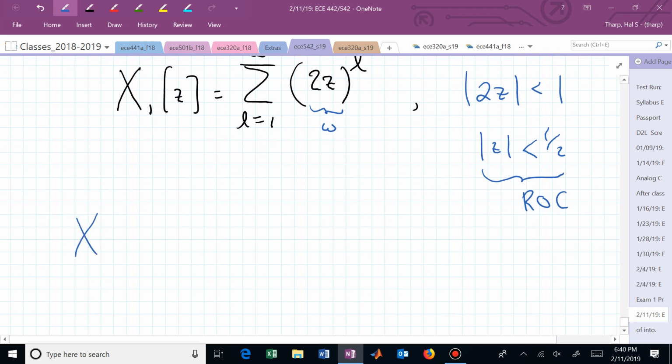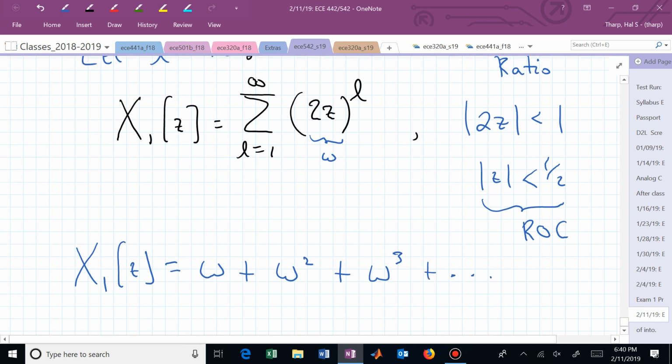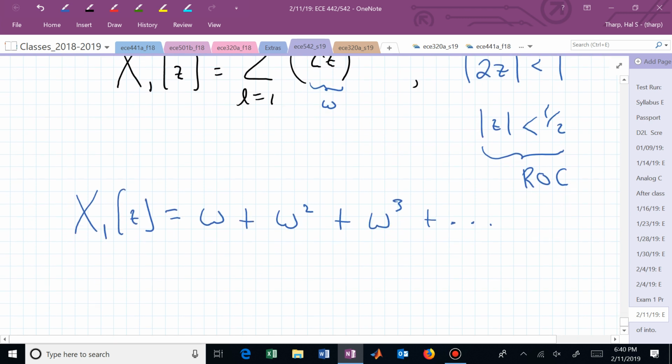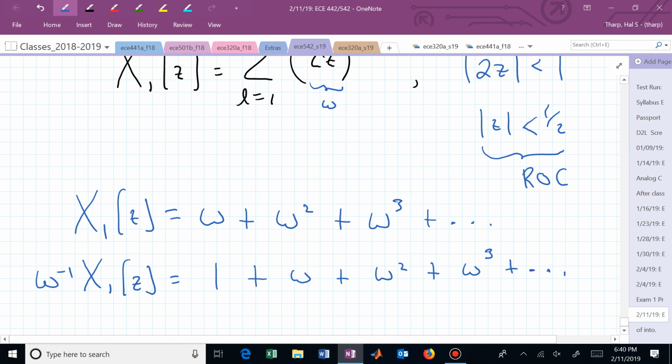Now we have capital X1 of z is w plus w squared plus w cubed, etc. We didn't have L equal to 0, but now we could say, oh, this is w inverse times X1 of z, which is going to be 1 plus w squared plus w cubed, and the tails are going to be the same.